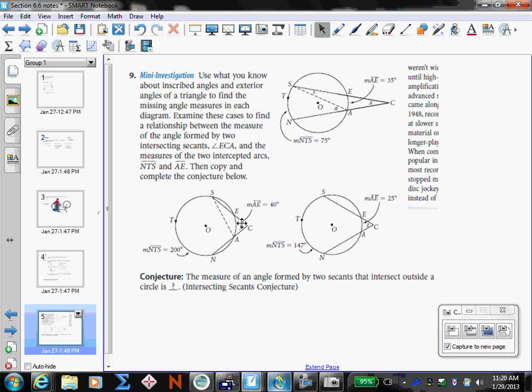Down here they call it angle Y, and over here it is called angle Z. Okay, so how would you find the measure of those angles? So we are going to go into Sketchpad and do this investigation, but let's look at what we're trying to find here. The measure of an angle formed by two secants that intersect outside a circle.